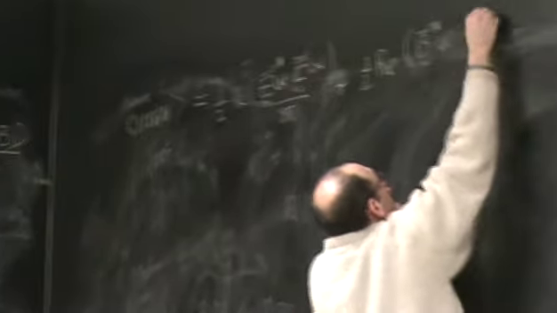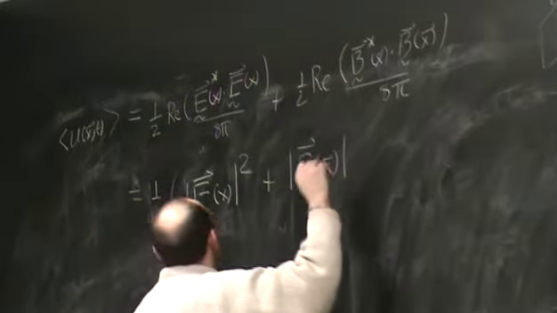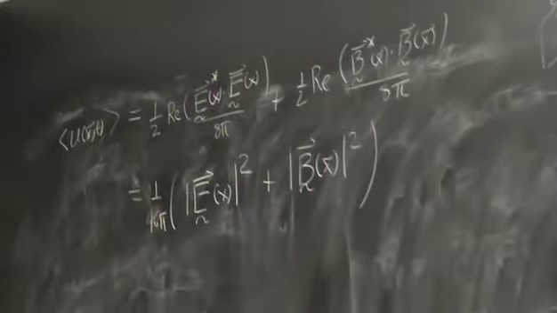And of course, this is the magnitude of the complex vector, both in magnitude in the complex sense and magnitude in the vector sense. Okay? So that's the time average energy density in the field.